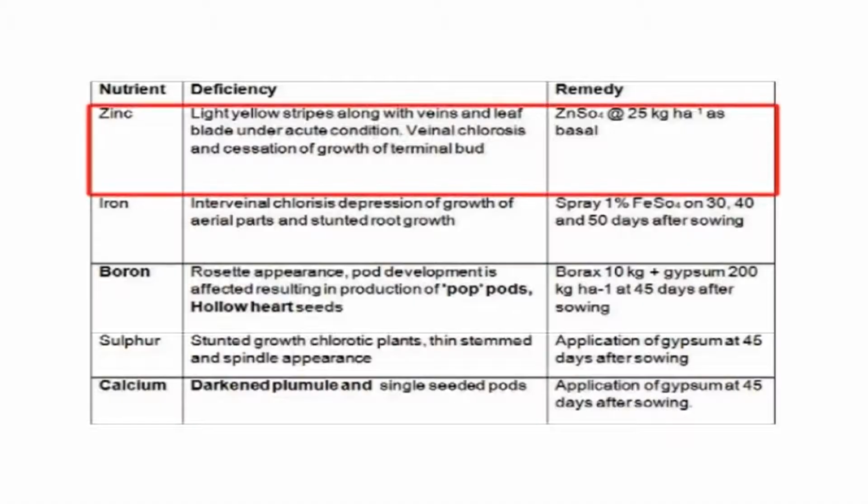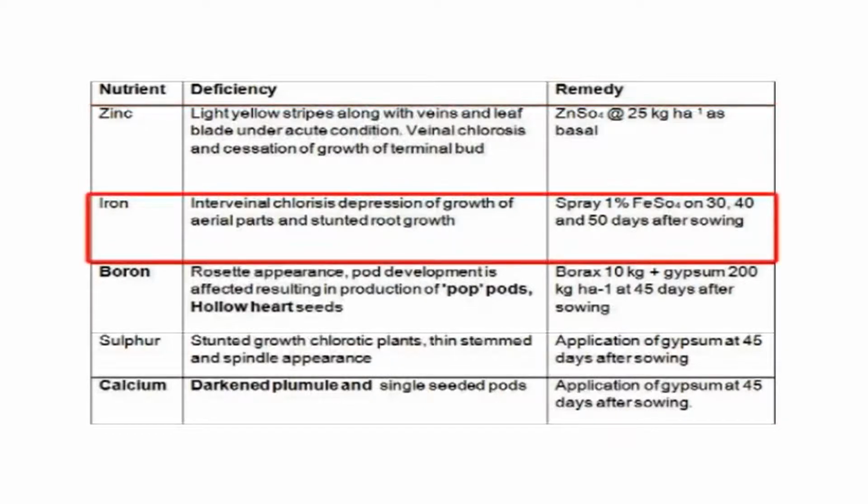Here the zinc nutrient deficiency causes light yellow stripes along the veins and leaf blade, and under acute condition, venal chlorosis and cessation of growth of terminal bud. So for this remedy we can apply zinc sulphate at the rate of 25 kg per hectare as basal.